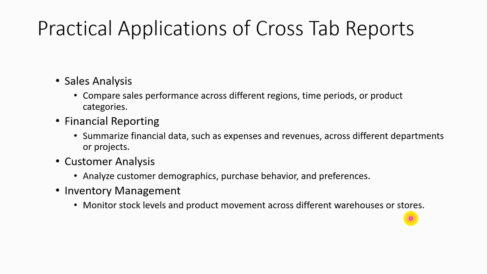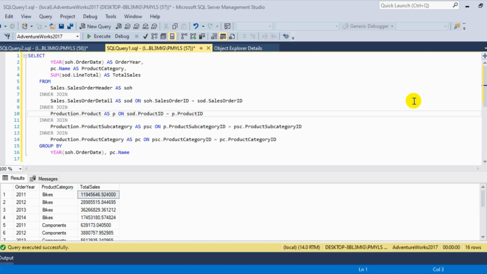Now let's start the practical part. Here is our first query for the CrossTab report. This query returns the yearly sales grouped by product category.